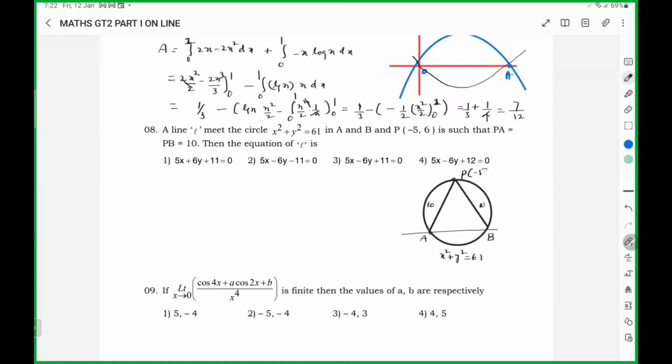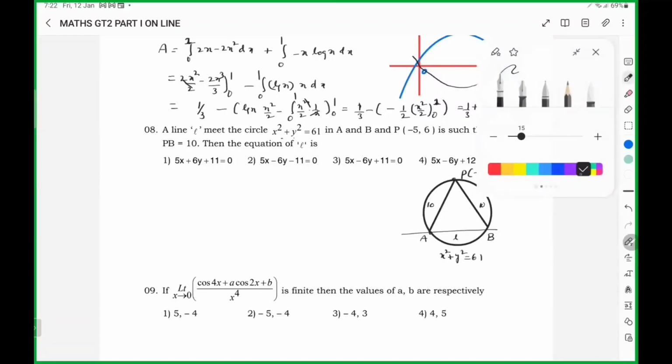P is a point on the circle because 25 plus 36 is 61. What we have to find out is this line equation.